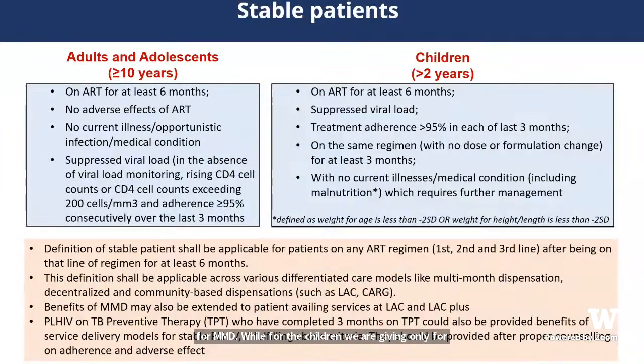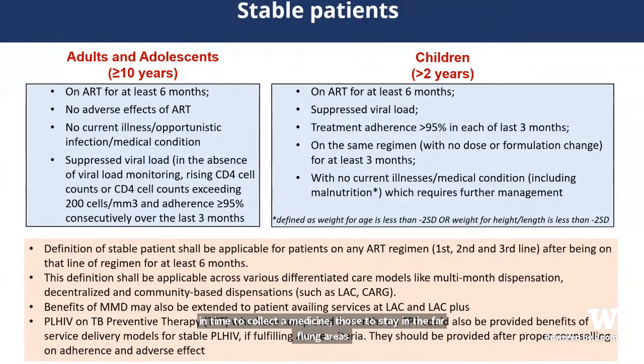Usually parents are supposed to collect after 3 months, but for their kid they have to come every month. Because of that, sometimes the children miss the medicine because the parents could not come in time to collect the medicine, those staying in the far-flung areas.